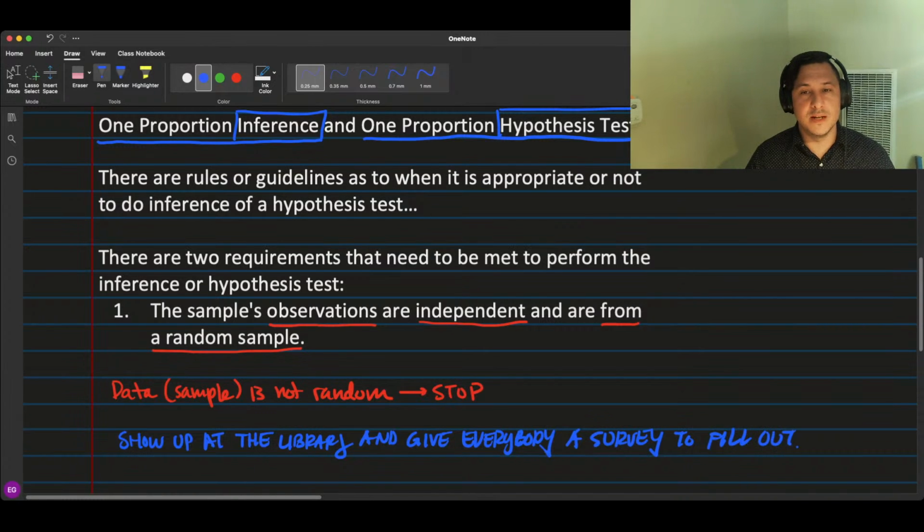Unfortunately, this is not a random sample. And does anyone have any guesses as to why it's not random?